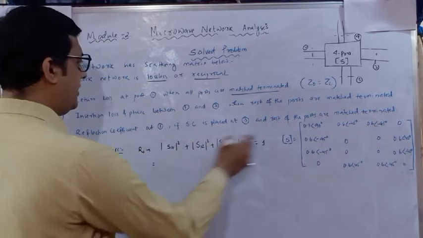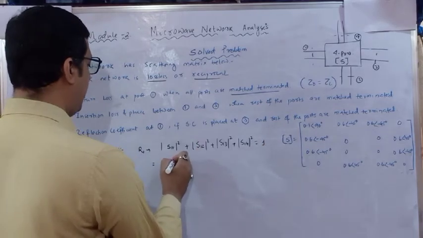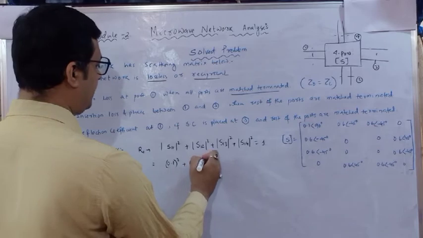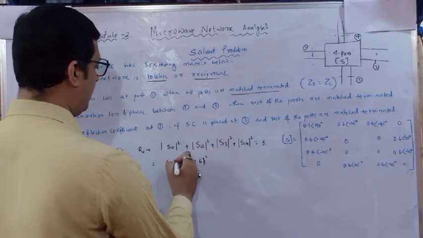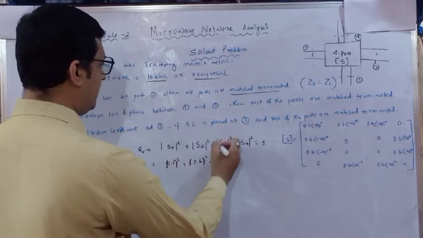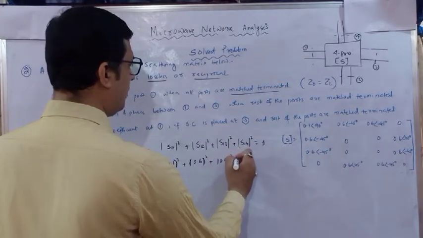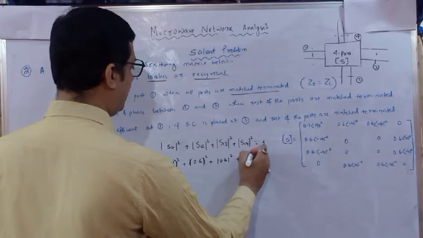But we will check. S11 is 0.1, whole square; S12 is 0.6, mod square, because we are not considering the angle, only the magnitude part; then 0.6 whole square, plus 0 whole square.